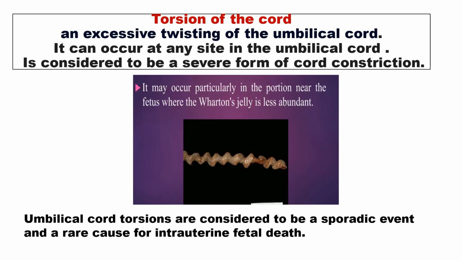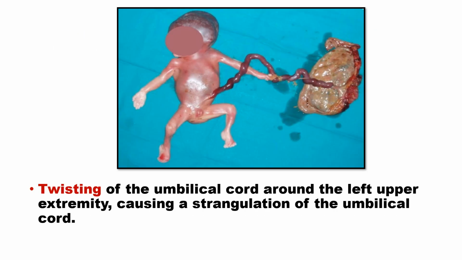It can occur at any site in the cord and is considered a severe form of cord constriction. Umbilical cord torsions are considered a sporadic event and a rare cause of intrauterine fetal death. Here, twisting or torsion of the umbilical cord along the left upper extremity is causing strangulation of the cord.